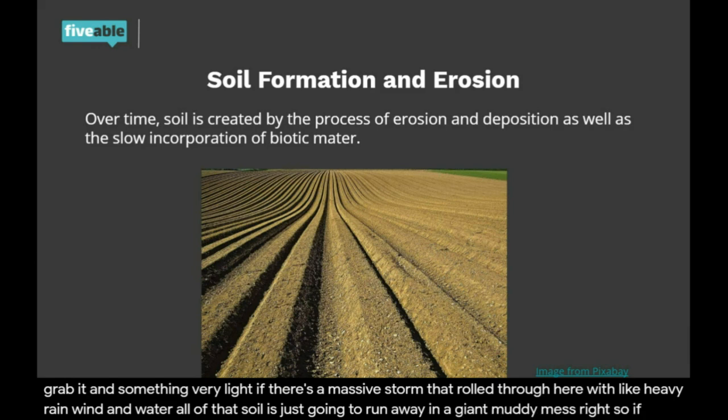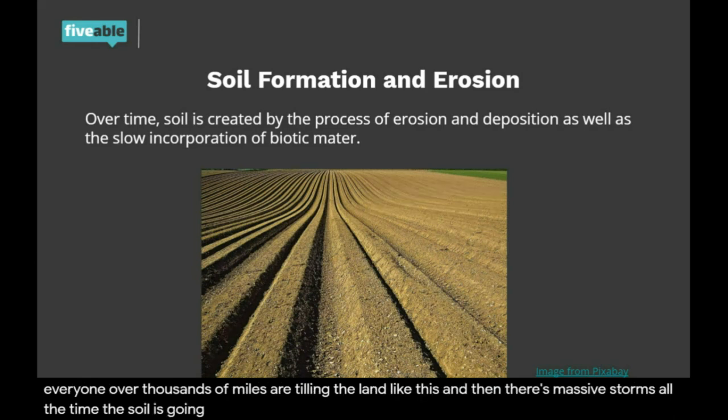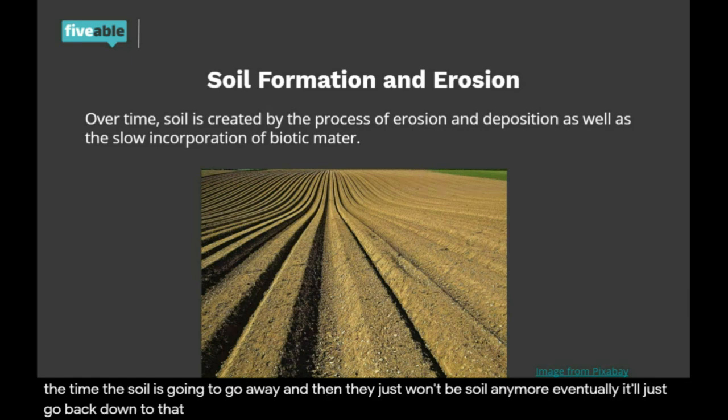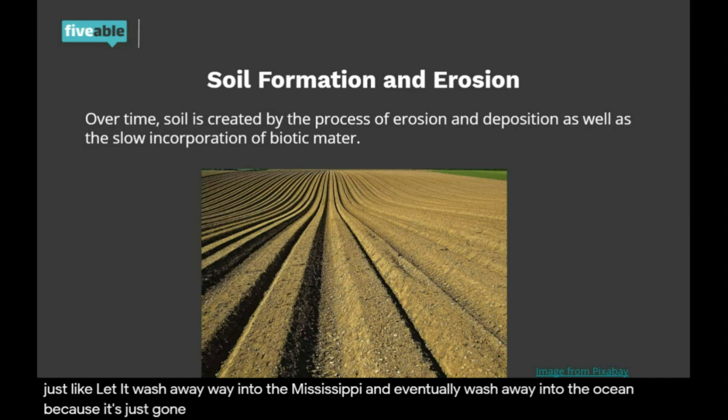So if everyone over thousands of miles are tilling the land like this, and then there's massive storms all the time, the soil is going to go away, and then there just won't be soil anymore. Eventually it'll just go back down to that bedrock. So it is a very valuable resource, and we have to protect it. You can't just let it wash away into the Mississippi and eventually into the ocean, because it's just gone. And it takes a really long time for it to come back.